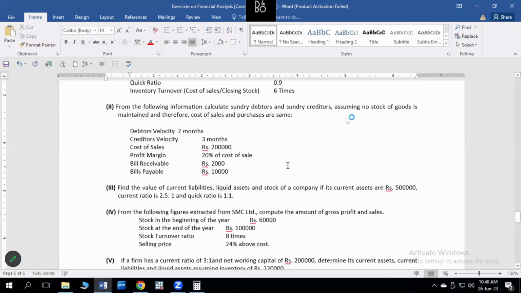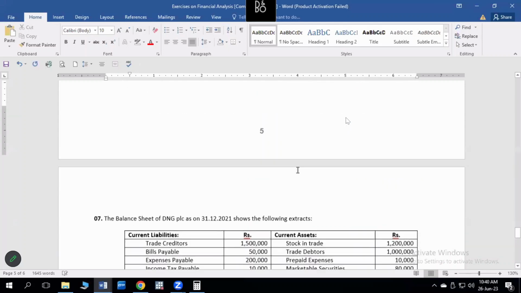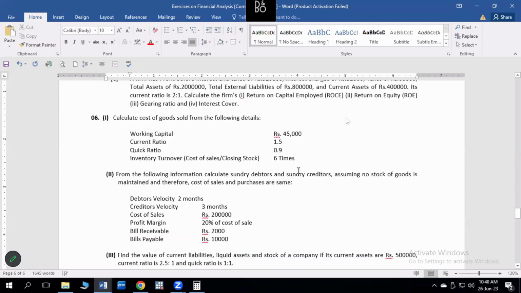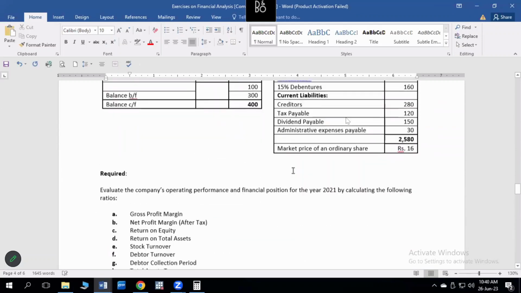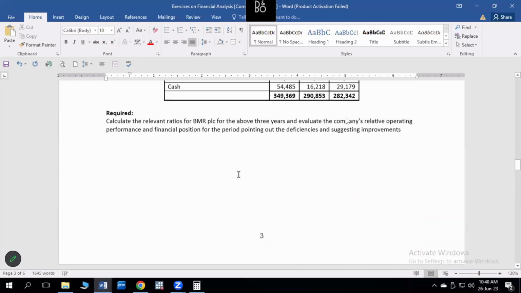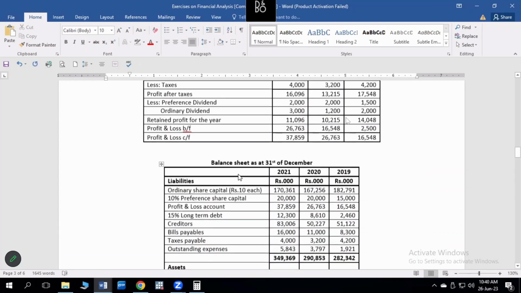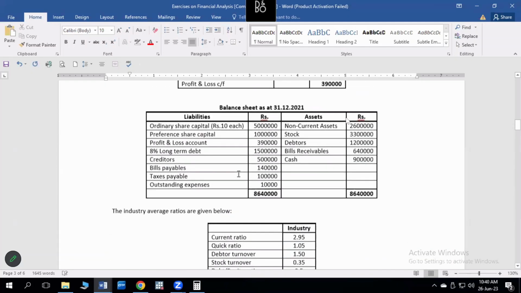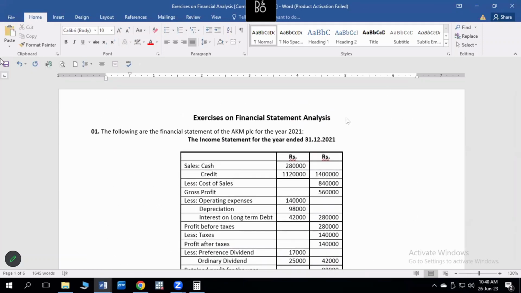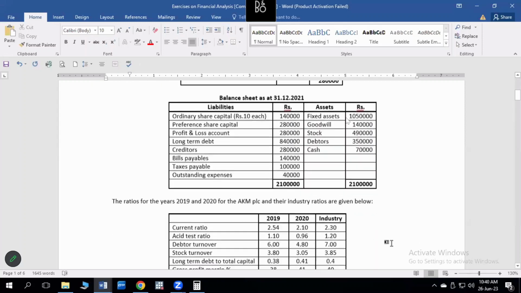But for other questions like this, you must have good workings, supporting workings for your calculation, interpretation, etc. So for examination purposes, we can cover the MCQ questions like this.